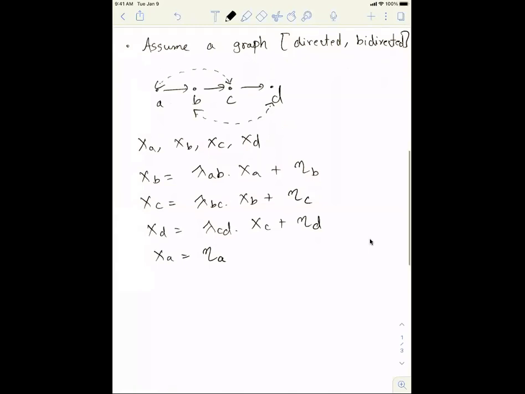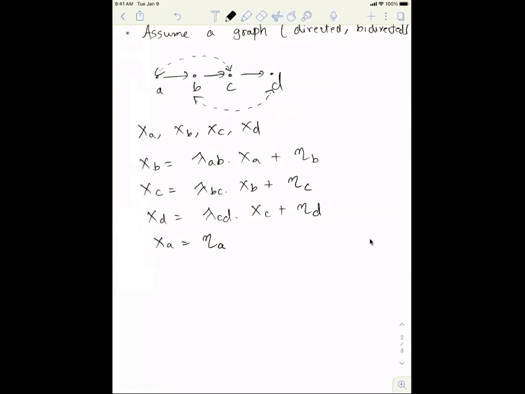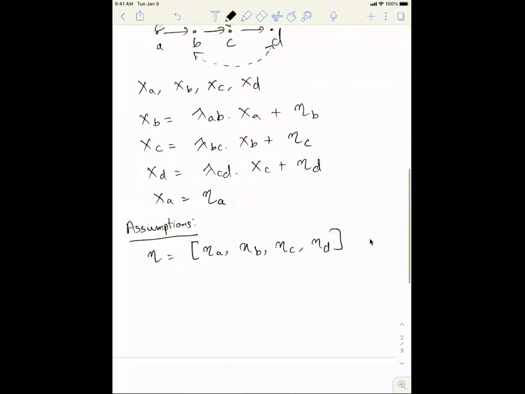And then we make the following assumption. The assumption is that this vector eta is a standard normal, so this is a Gaussian variable, meaning it comes from a normal distribution with 0 mean.